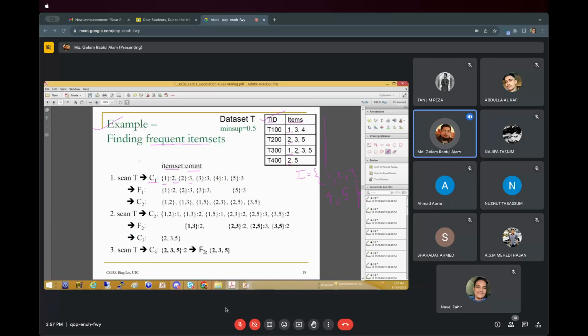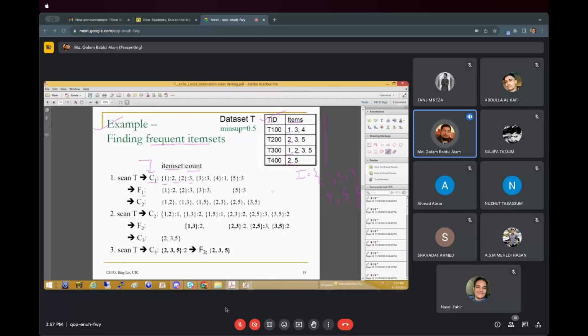After finding the candidate sets and their count or frequency, next we have to find the frequent item set. Frequent item set 1 means each item set consists of only one item, so the frequent item set of one item.